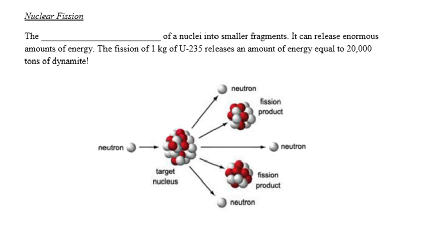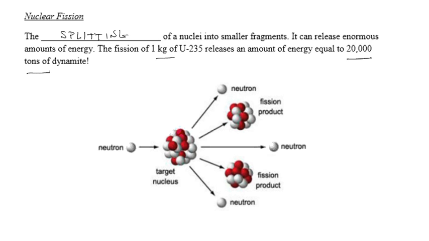The third type of nuclear reaction we have to know is fission. Fission is the splitting of a nuclei into smaller fragments. It releases enormous amounts of energy. In fact, a kilogram of U-235 during fission can release as much energy as 20,000 tons of dynamite.